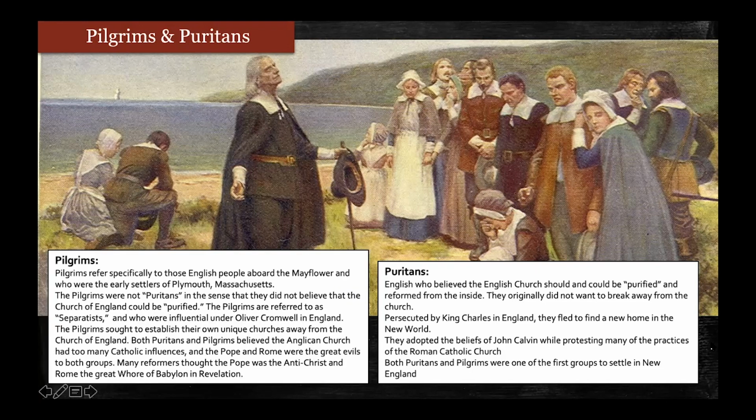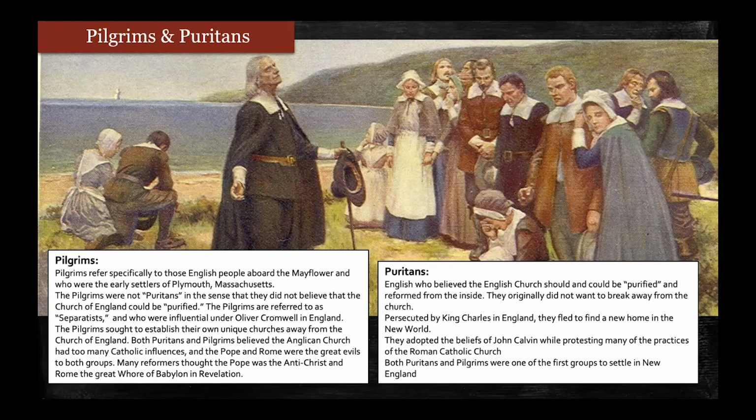Pilgrims refer specifically to those English people aboard the Mayflower, and who were the early settlers of Plymouth, Massachusetts. The Pilgrims were not Puritans in the strict sense that they did not believe that the Church of England could be purified. The Pilgrims are referred to as separatists, and who were influential under Oliver Cromwell in England.